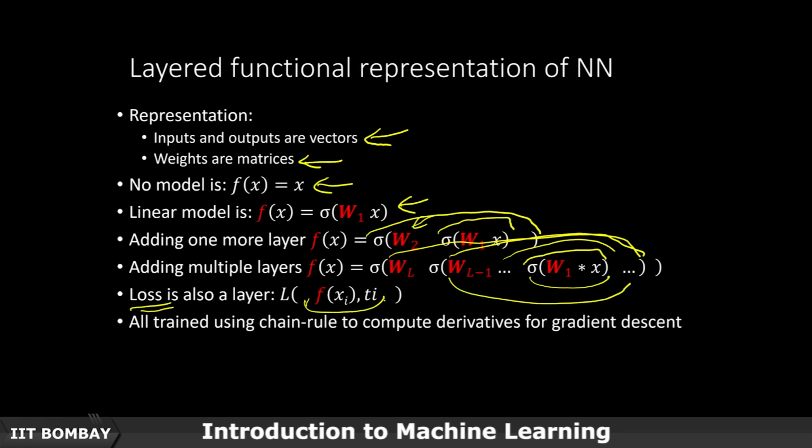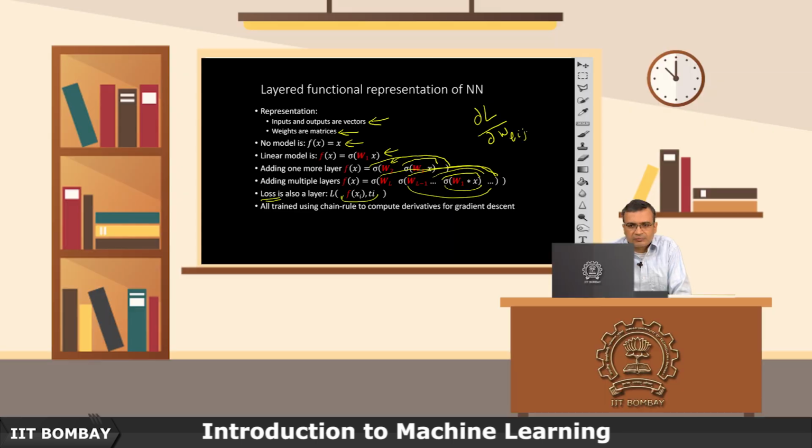So when we train, what training means is that we want to find the derivative of the loss with respect to any particular weight, let's say weight jk. Because it's a matrix, we will take the lth matrix for the lth layer, and then the matrix will have two components, let's say i and j.